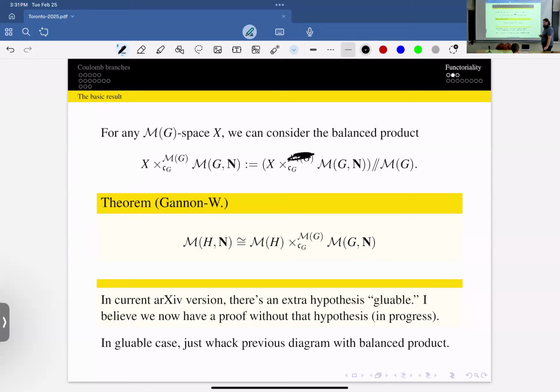So you don't need H to be of the same rank. No. I mean, our main motivation was things like H is the diagonal of G. But somehow modding out by MG and then having the G here, the dimension of G cancels.